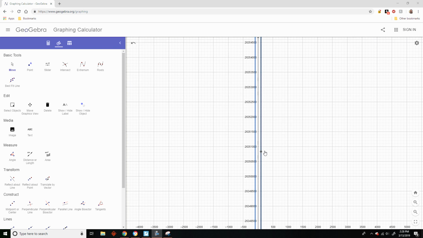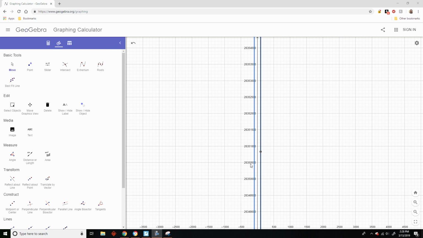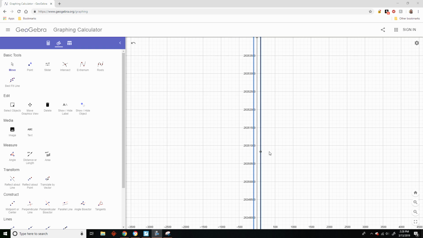Anyhow, it's 26,350,000, 500, 600, 700, 800, and then 32 would just be a little bit above that. So it does actually cross right there.